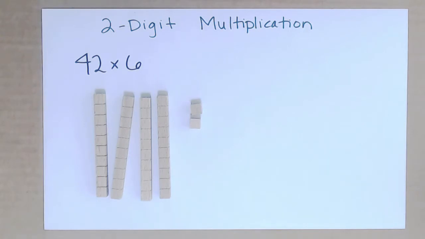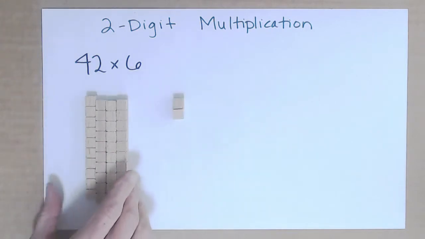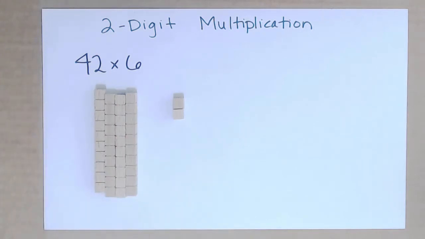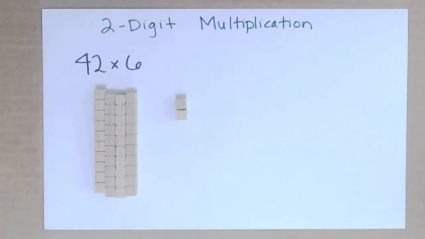Now that's probably not the easiest way to think about this. So what we're going to do is break this into two pieces. We're going to think about the 40 piece and the 2 piece separately. So we'll take the 40 piece and multiply that by 6, and we'll take the 2 piece and multiply that by 6.